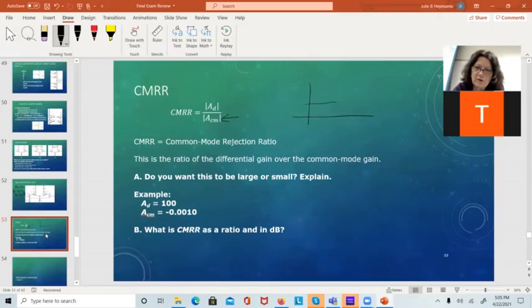So it's going to start going up at some frequency, which is lower than where the gain bandwidth product of the amplifier is. So op-amps typically reject low frequency noise better than high frequency noise.